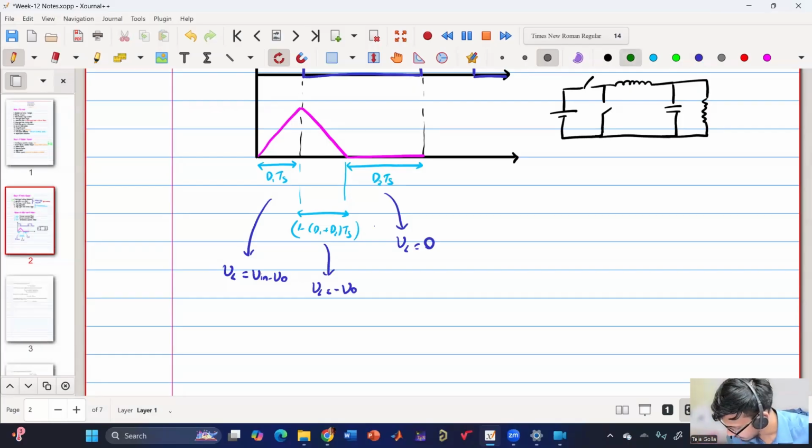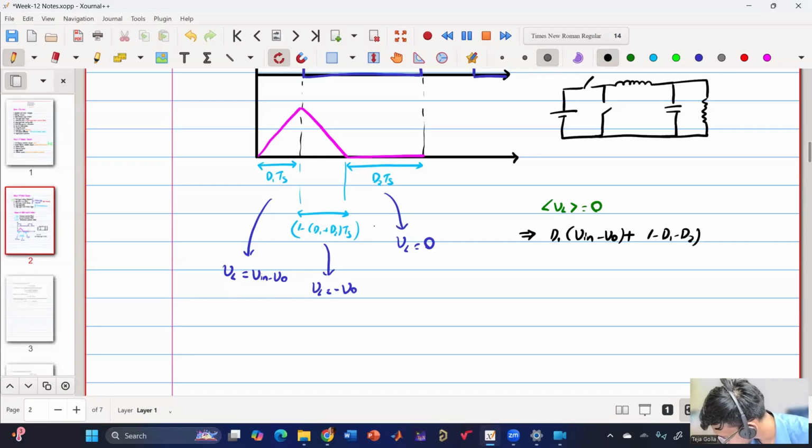Now if you do average VL equals 0, we get d1 into Vin minus V0, plus previously what we used to get, 1 minus d1 into V0, right? But now we will get 1 minus d1 minus d2 into minus V0. This minus d2 is the additional term, because for this d2 ts VL is 0.